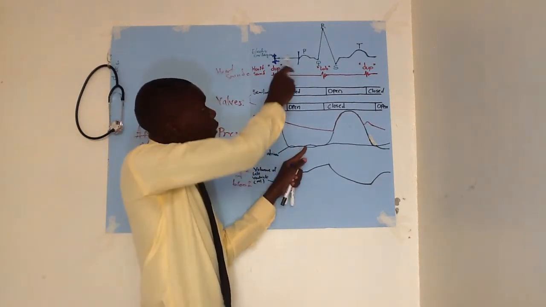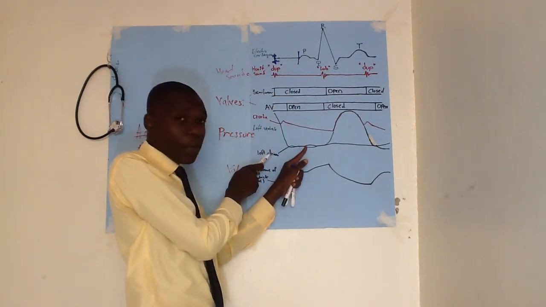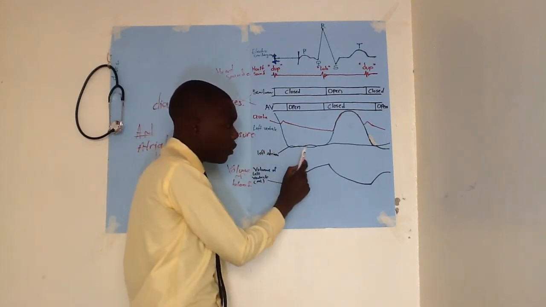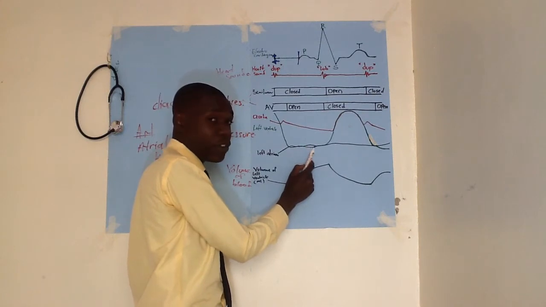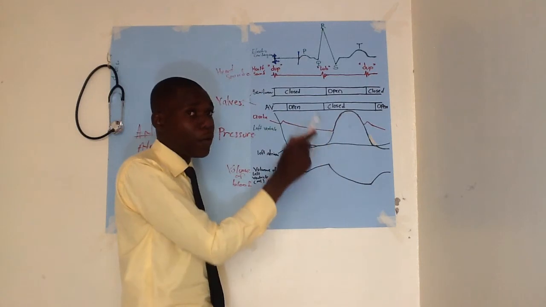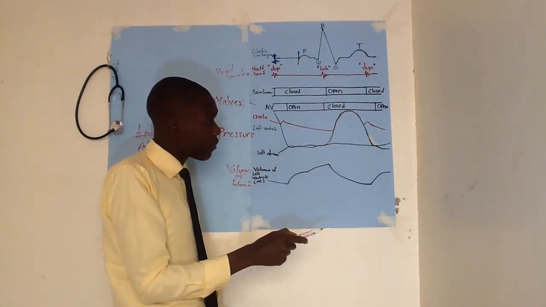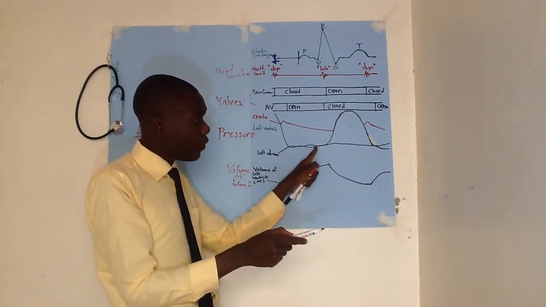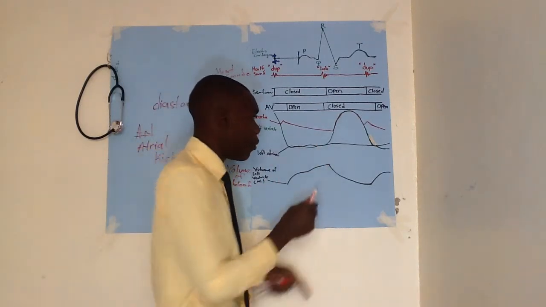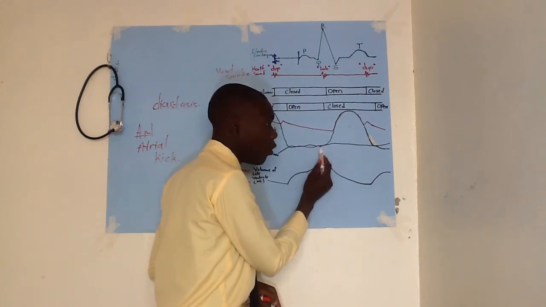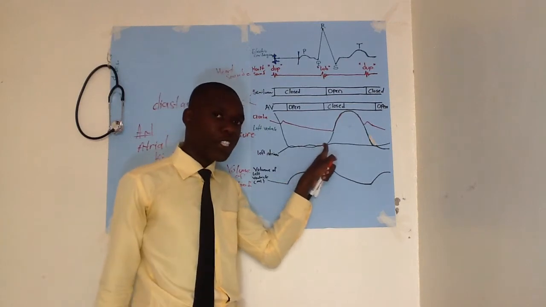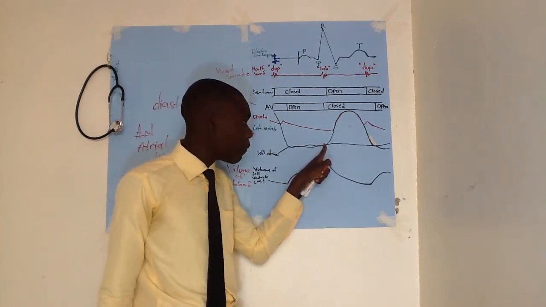So initially, the atrium contracted, the pressure in the atrium became higher than the pressure in the ventricles, making all the blood move from the atrium to the ventricles. After all the blood moved from the atrium to the ventricles, this will create an equilibrium between the atrium and the ventricle. So both the atrium and the ventricle will be of the same pressure.